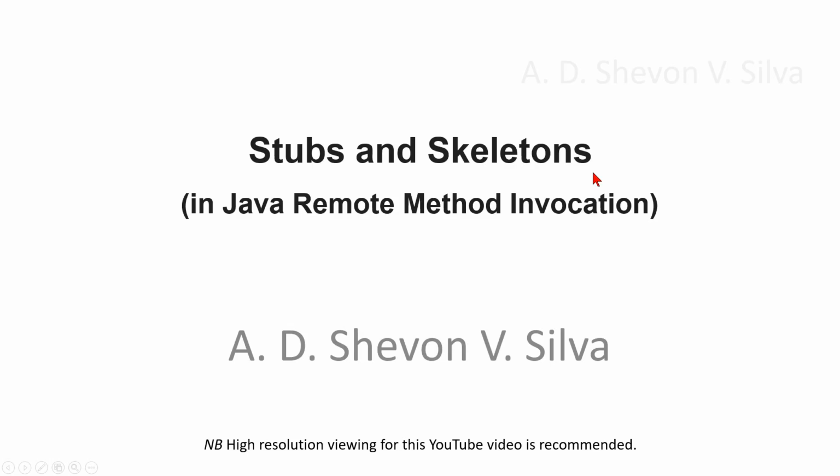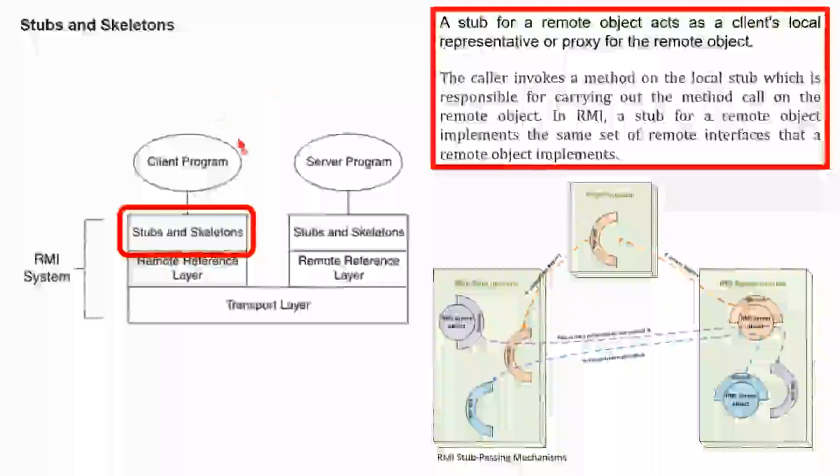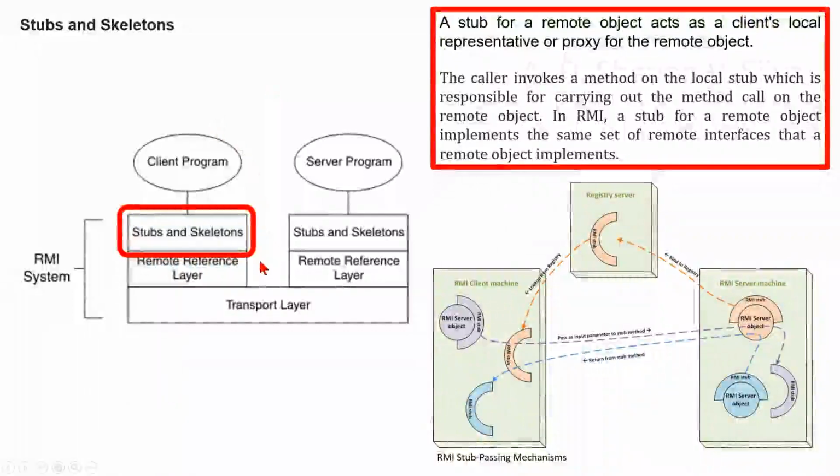Stubs and skeletons in Java remote method invocation. Now we are focusing on stubs and skeletons. A stub for a remote object acts as a client's local representative or proxy for a remote object.